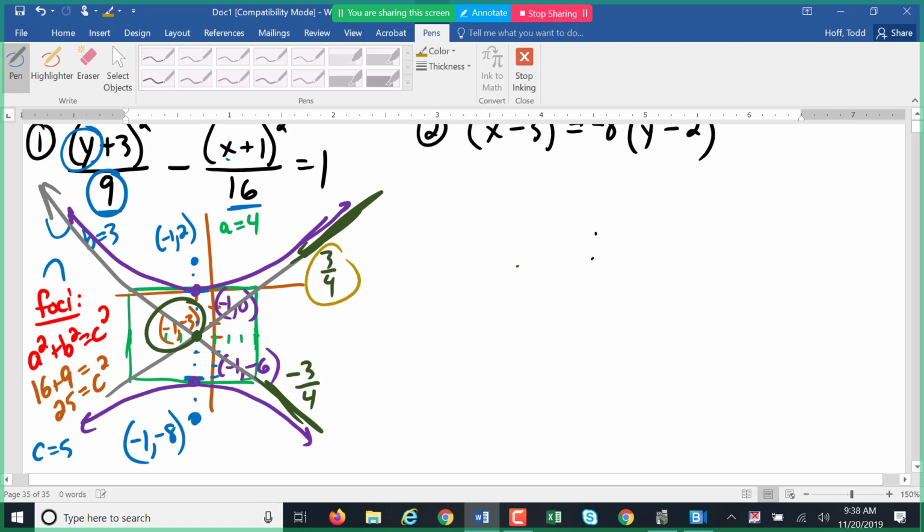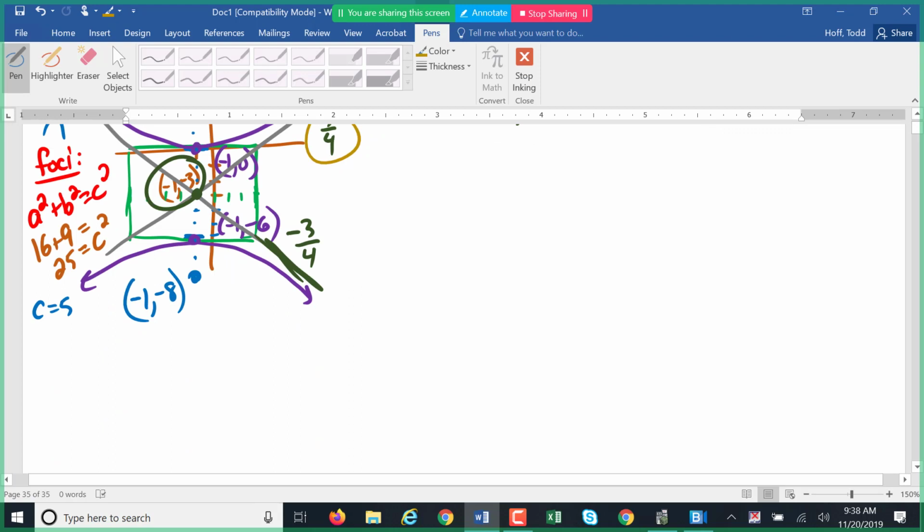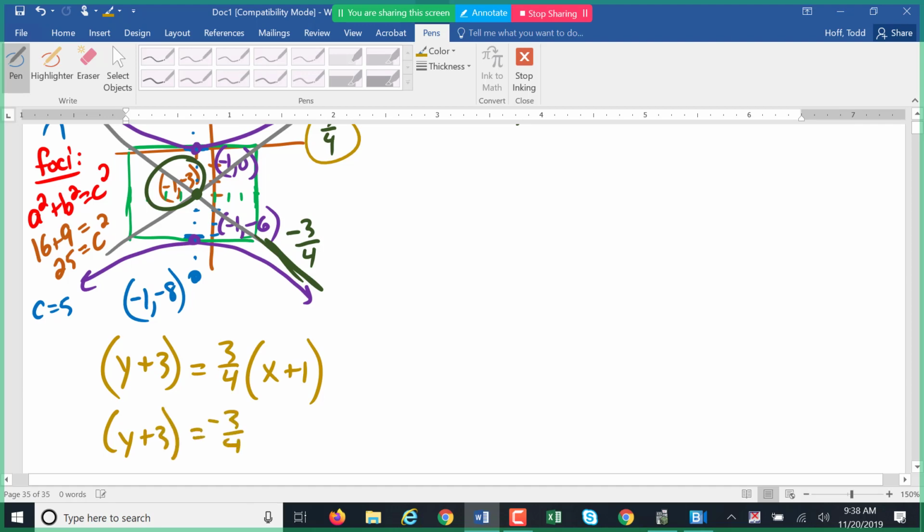So for this asymptote here, that would be y plus 3, because that's y minus a negative 3, equals that slope of 3/4 times x plus 1, x minus the negative 1. And then, of course, the other one is the exact same equation. We just changed the slope to negative 3/4. So those are the equations of our asymptotes.